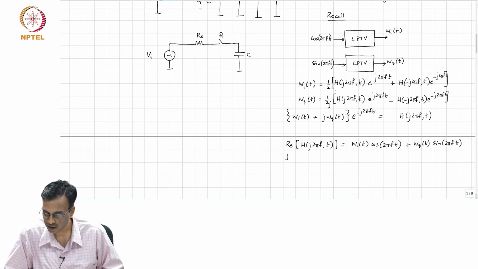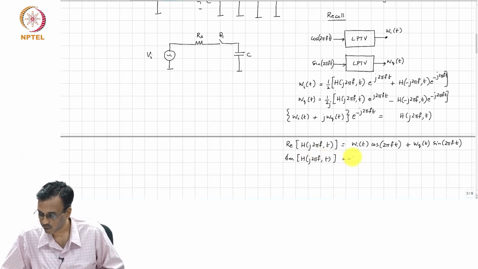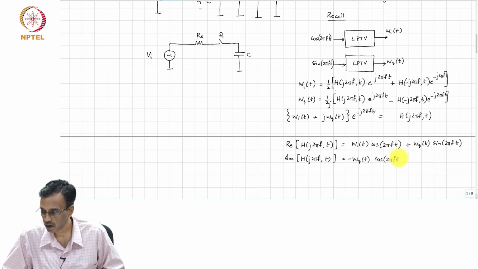And similarly, the imaginary part of h of j 2 pi f comma t is nothing but minus Wq of t cos 2 pi f t plus Wi of t sin 2 pi f t.